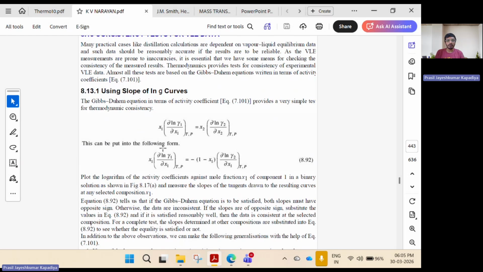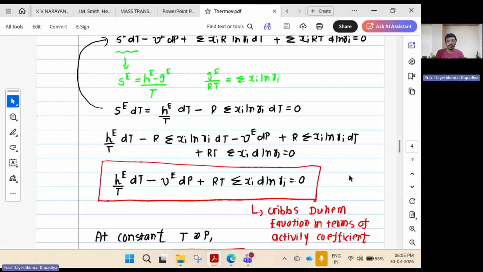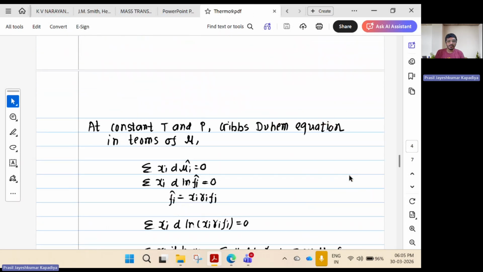This can be put into the following form when I replace x2 by 1 minus x1 and dx2 by minus dx1. This we also studied in the last class.